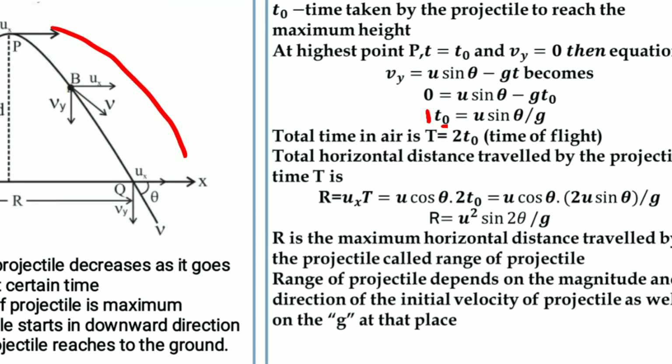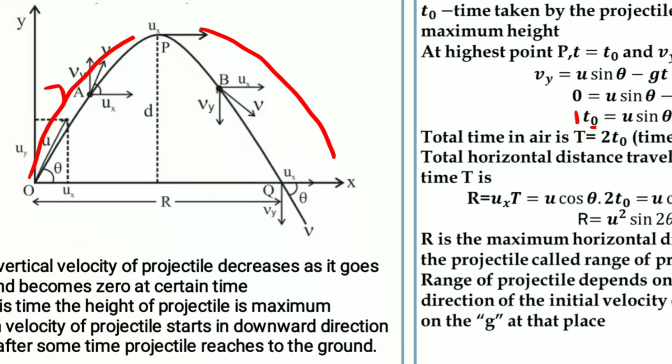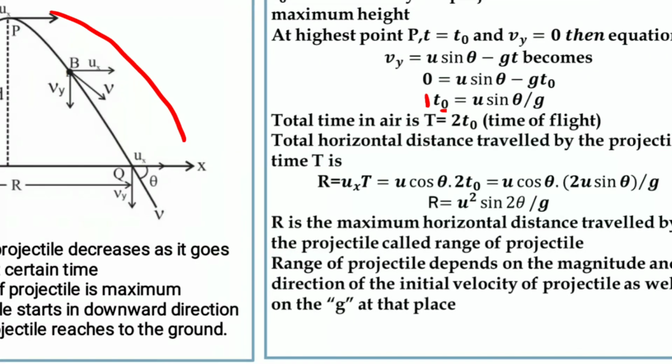So R is the maximum horizontal distance travelled by the projectile, and this you can call the range of the projectile. So the range of the projectile depends on the magnitude and direction of the initial velocity of the projectile as well as on the g at that place.